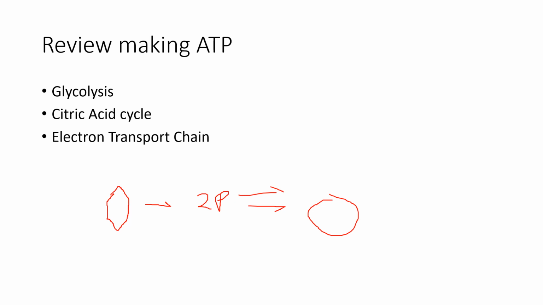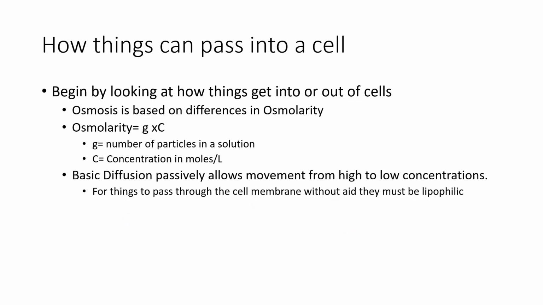As you fully break everything down, you get carbon dioxide and water as a byproduct. When you get to the electron transport chain is where you really use your oxygen. Prior to that, you're not taking in oxygen to break anything. So all of it is anaerobic except for the electron transport chain.